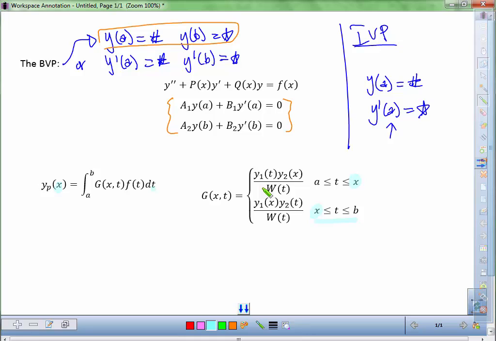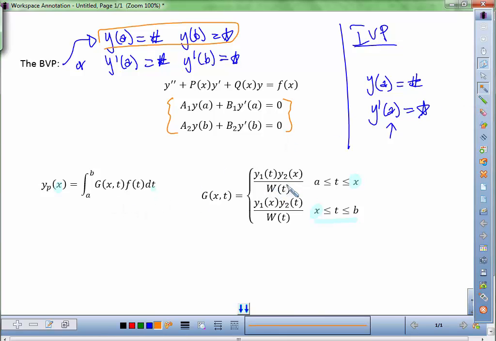Okay, so this is a setup for your boundary value problem. And I think what's important for us is to find your y1 and y2.